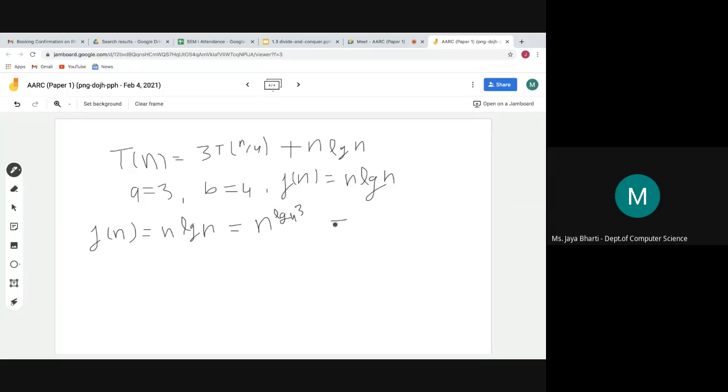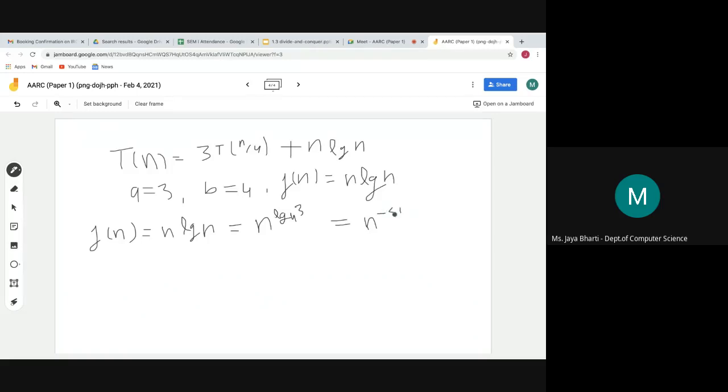So you can see ki if it was 4, then log base 4 base 4 would be 1. Okay, but ye 3 hai na, toh just less than 4. Toh this log 3 base 4 value could be less than 1. It could be anything less than 1. So whatever value will be here, it will be less than 1.